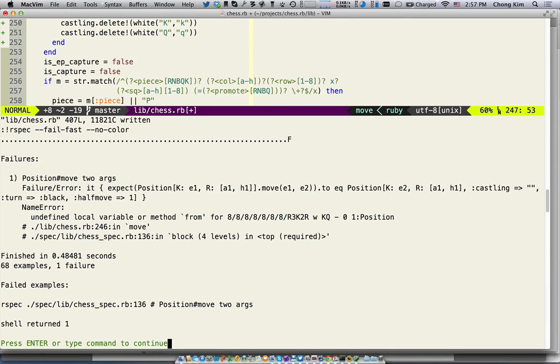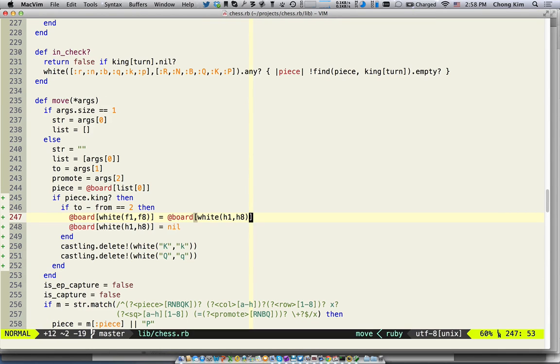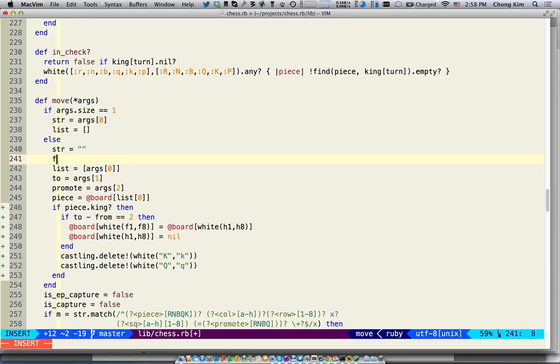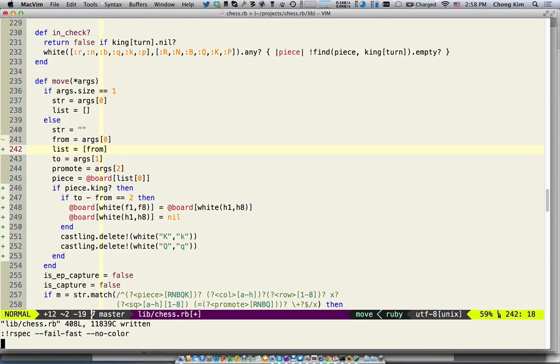Okay, and king e1, undefined local variable or method from. Oh, I don't have from. So from is going to be arg0. I'll just replace this with from. Okay.